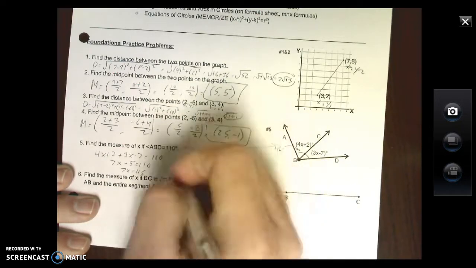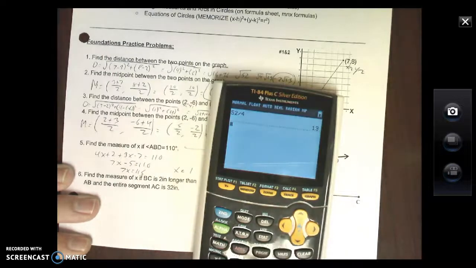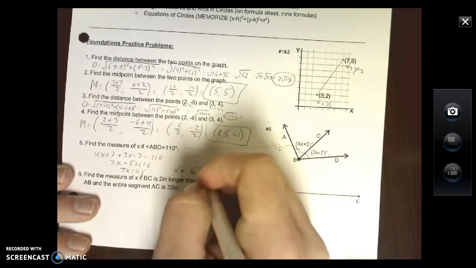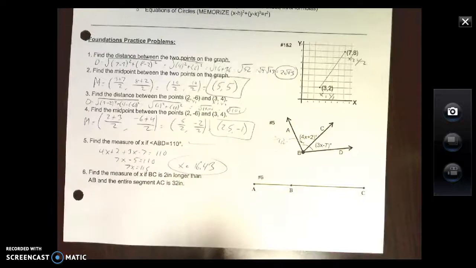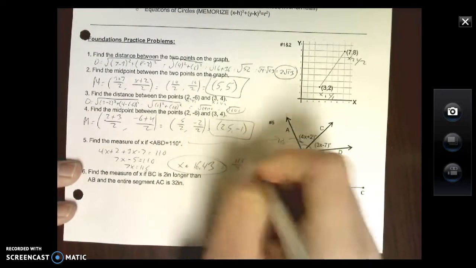Okay, 7x equals 115, divided by 7, it's really hard to see in this one, but 115 divided by 7 gives me 16.42 or 16.43. Okay, we're all set. Or your answer could just be 115 over 7, either way.